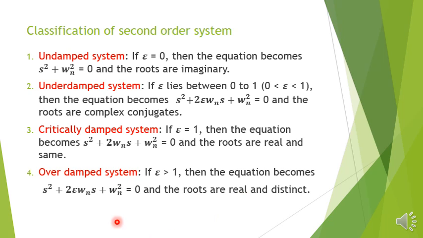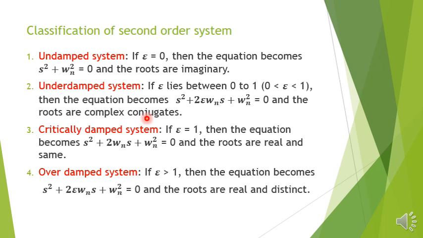If this term is greater than omega n square, then it will have real and distinct roots. If this 2 zeta omega n is less than omega n square, then it will have complex conjugate roots.